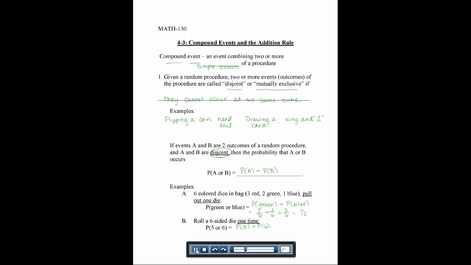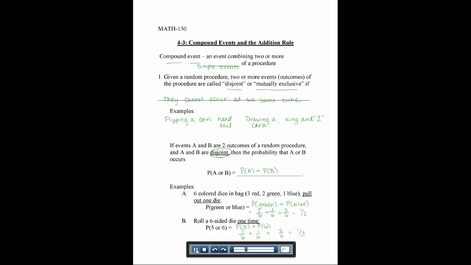Now we know rolling a dice, each number has a 1 in 6 chance of coming up. So the probability of getting a 5 is 1 out of 6. And the probability of getting a 6 is 1 out of 6. So the probability of getting a 5 or a 6 is 2 out of 6, or 1/3.